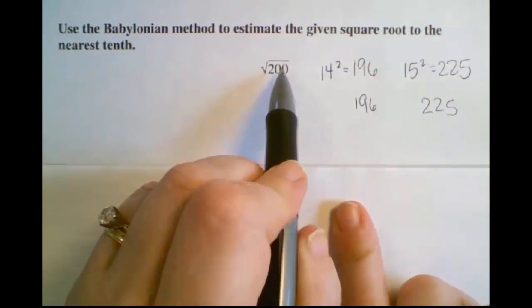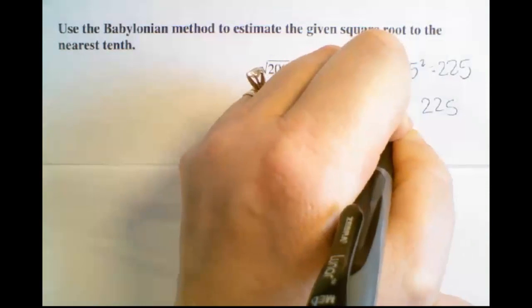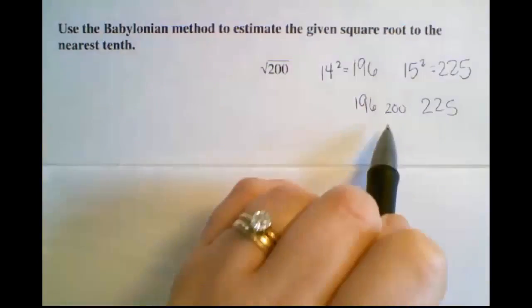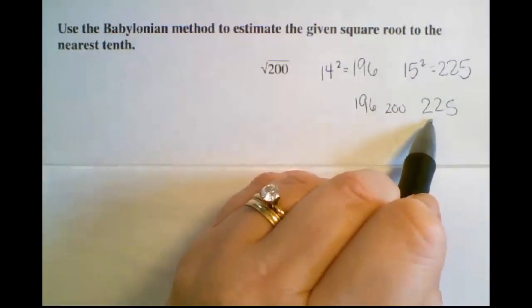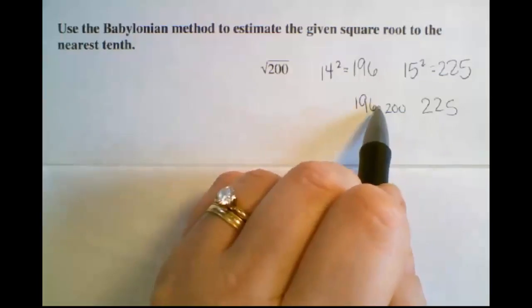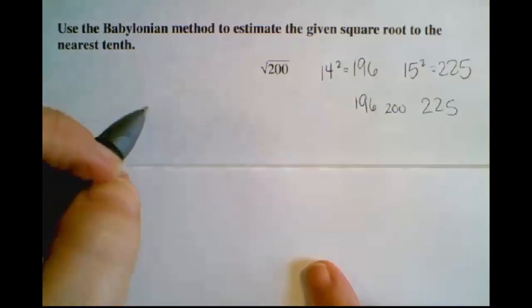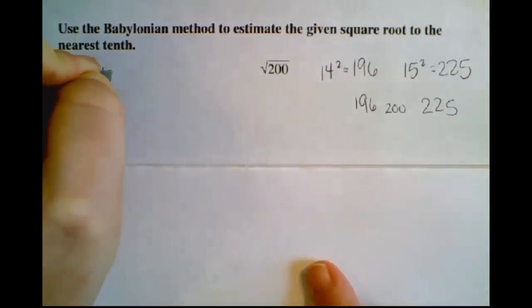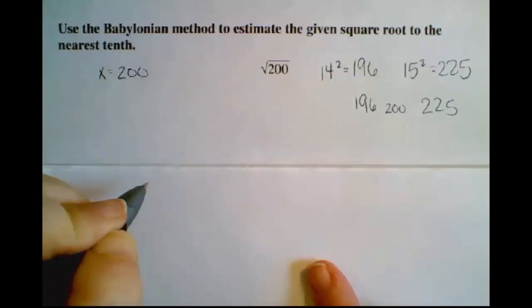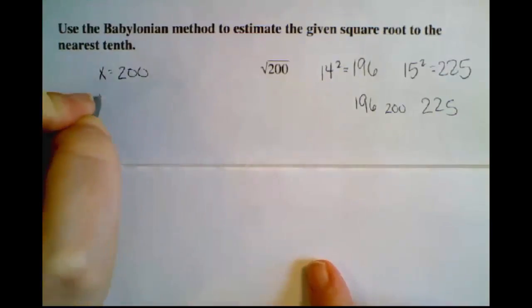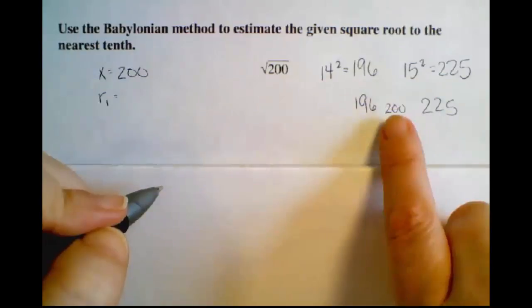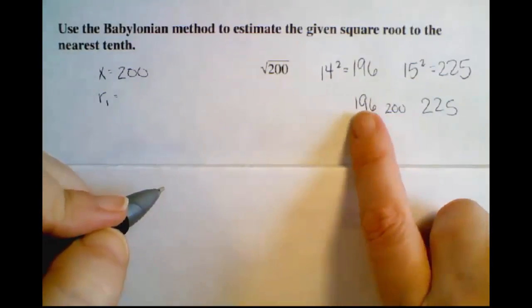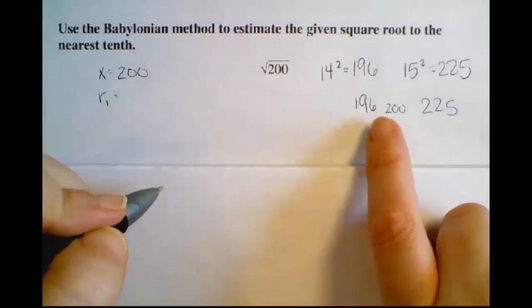Where does that fit in? That fits in right here, a lot closer to 196 than to 225. So it's going to be 14 something. Our X is going to be 200 in this case, and our R1, or our first guess, is going to be 14 point something, because 200 is in between those two perfect squares.